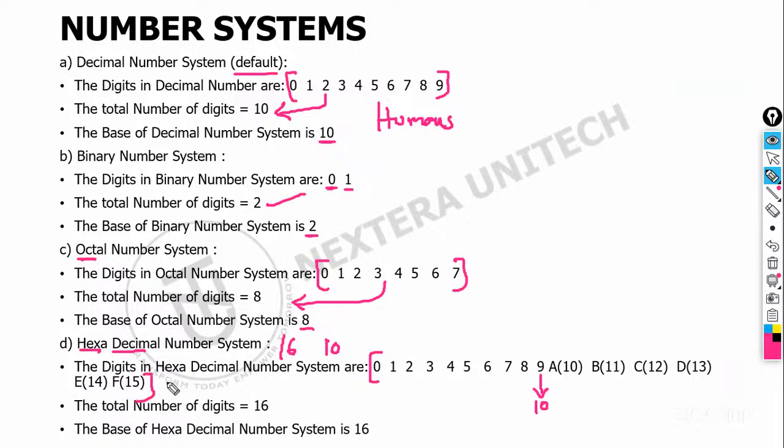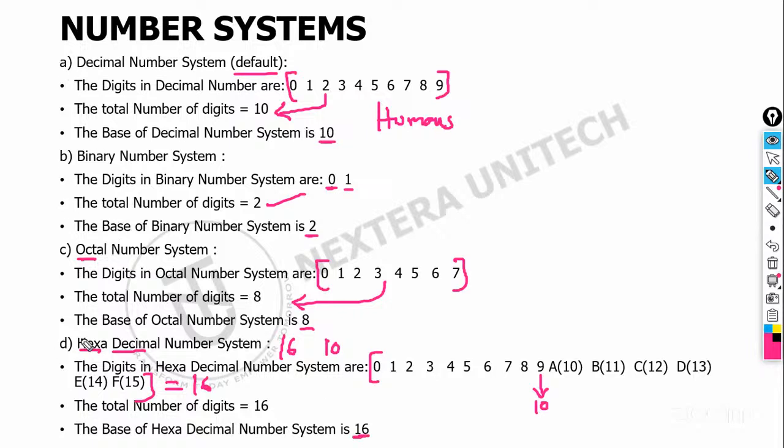In this way, I have in total 16 digits. In the hexadecimal number system, these 16 digits will be used. And as we have 16 digits, the base of the hexadecimal number system is 16.